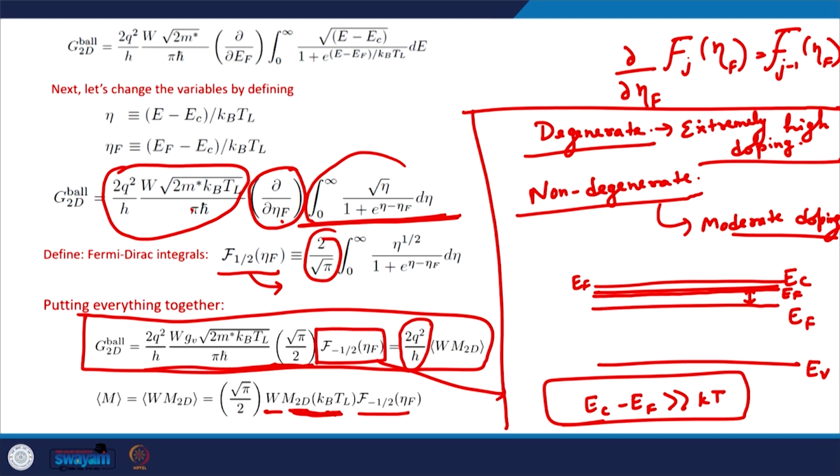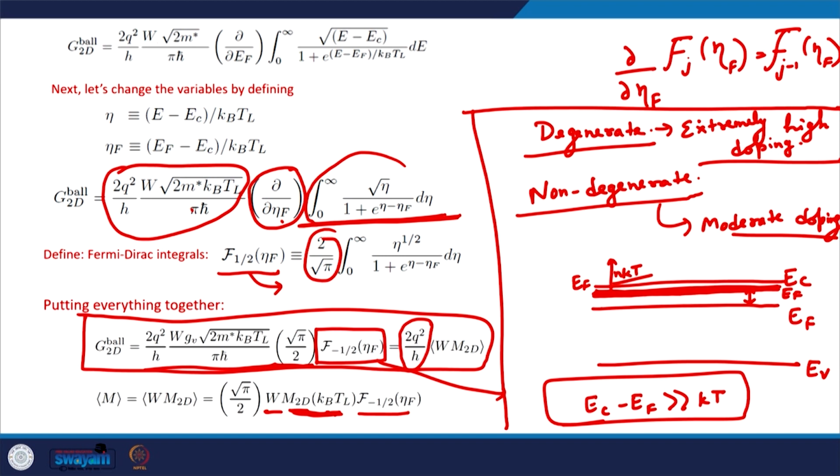So in the degenerate semiconductor case, as you can imagine, the conduction band will be more filled, and electrons will occupy many kT energy states.